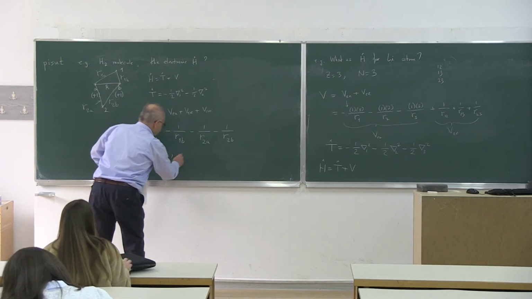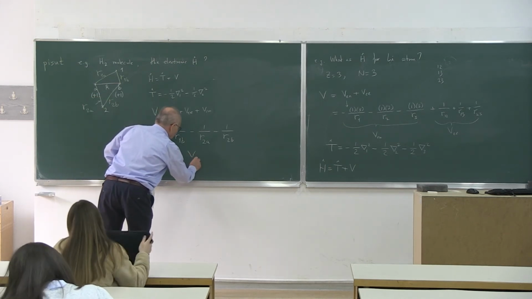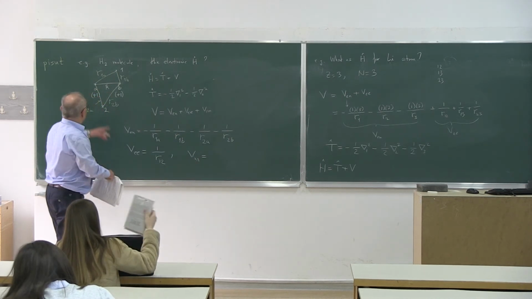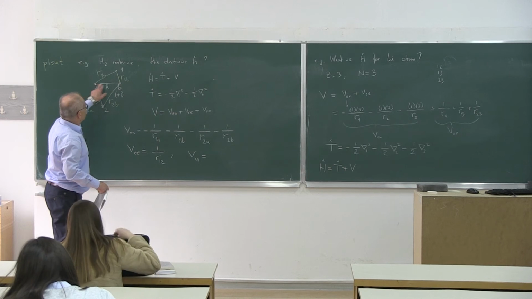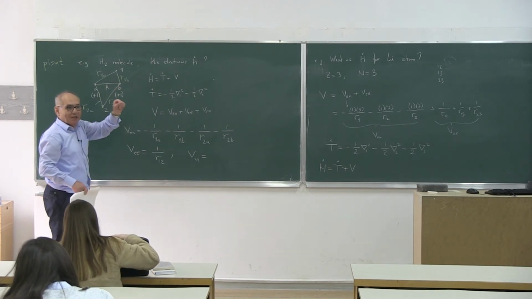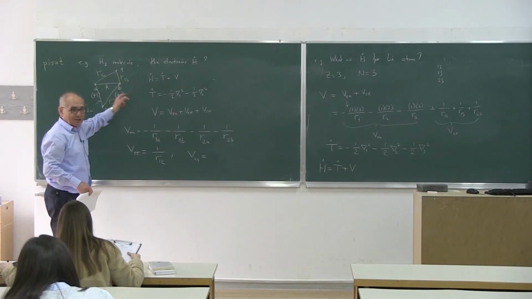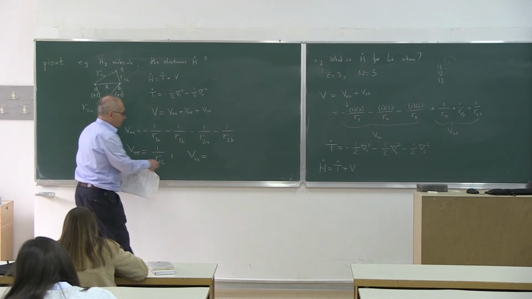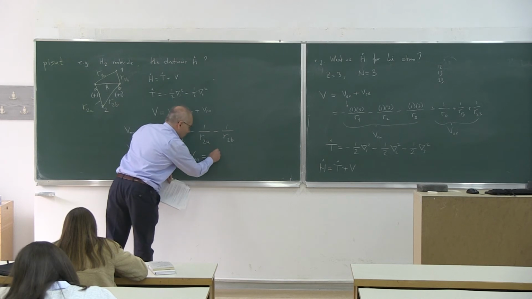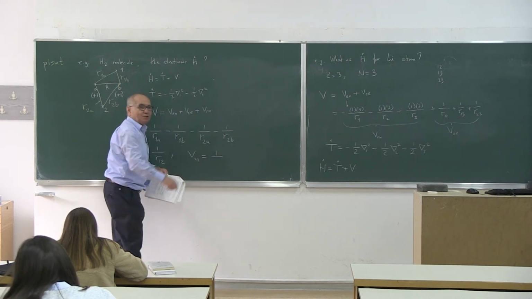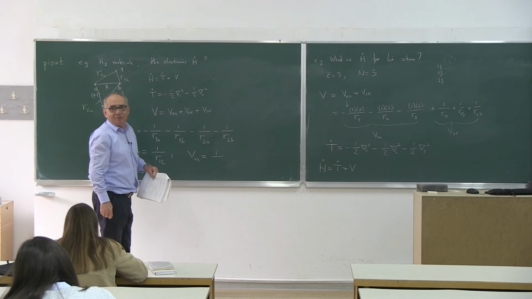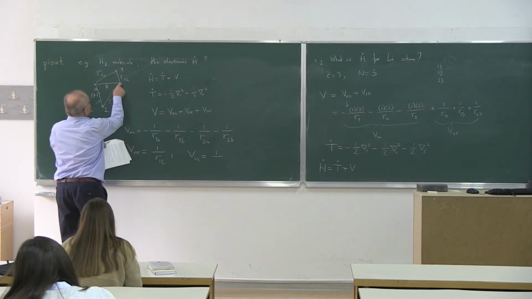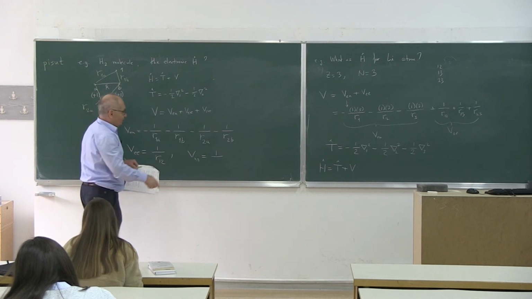What about nucleus-nucleus repulsion? We have just two nuclei here, which means just one pair of nuclei, each with charge +1, +1 times +1, which makes 1, divided by the distance between the two nuclei. Which symbol did we use to denote this distance between A and B? Capital R.